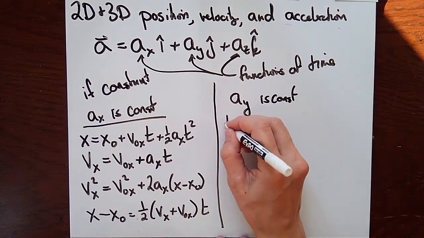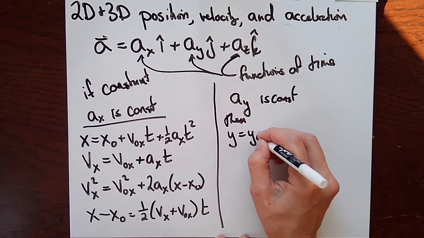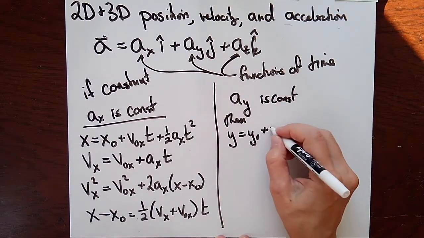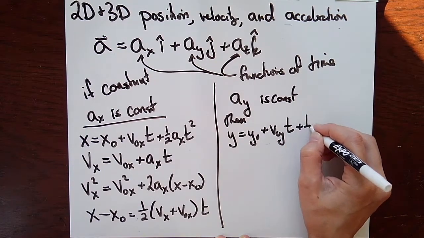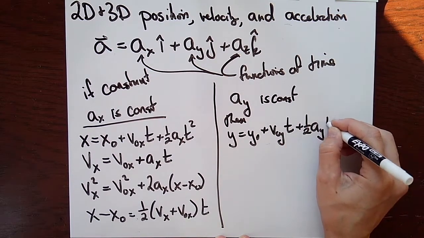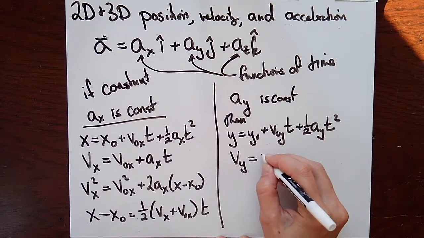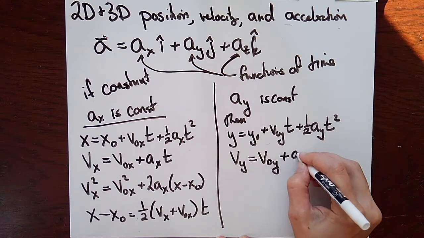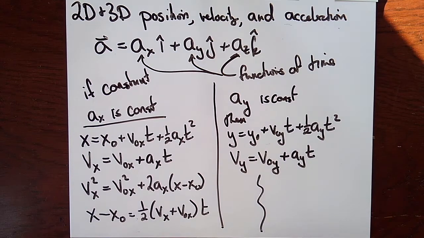Then you can say that y is equal to the initial y position plus the initial y component of the velocity times time plus 1/2 the y component of the acceleration times time squared. You can do the y component of the velocity is equal to the initial y component of the velocity plus the y component of the acceleration times time, and so forth and so on.